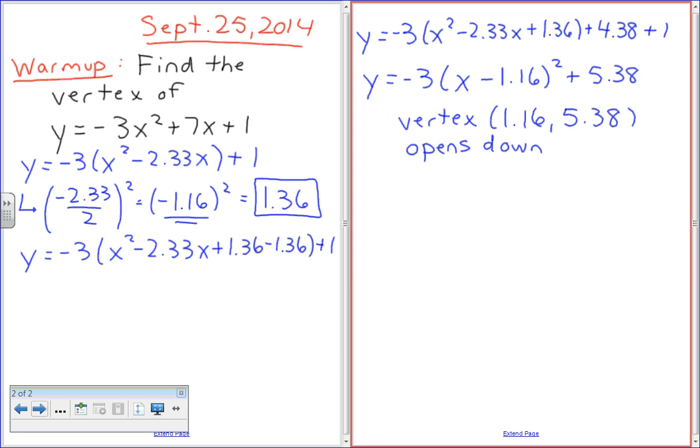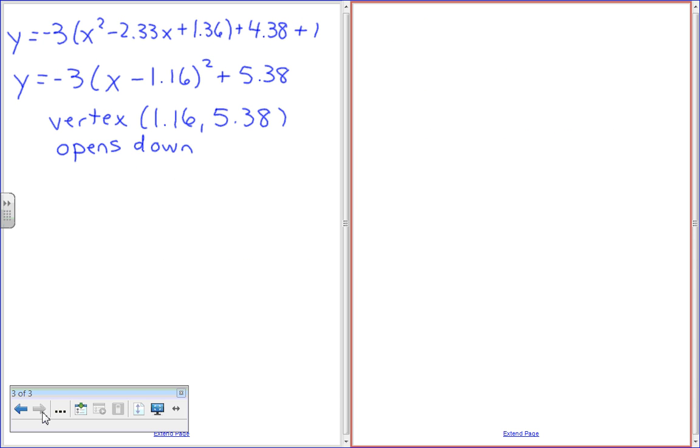Okay, this is number 12 from last night. Too bad Cody's not here. So we're talking about golf. Number 12 says, this is from page 133.